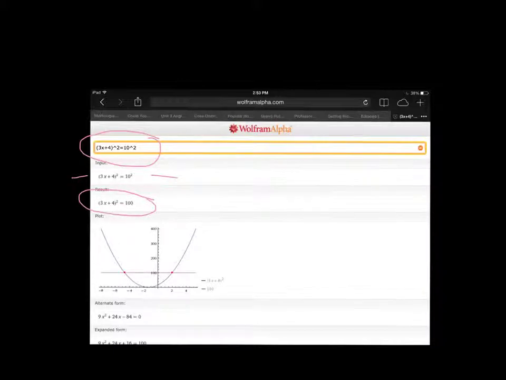And then when you look at the equation, you see here two possible places for a solution, and one of them is 2, and the other one seems to be negative 14 over 3. Let me go back here. We can see that that seems to be the answer.